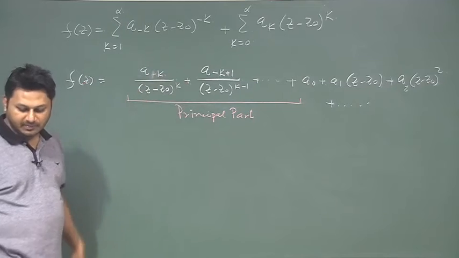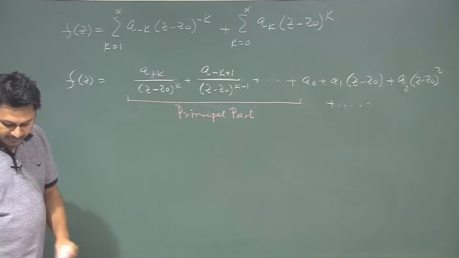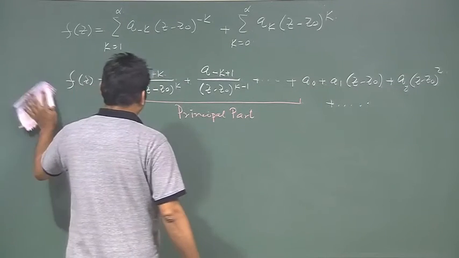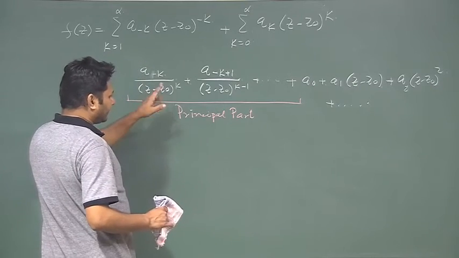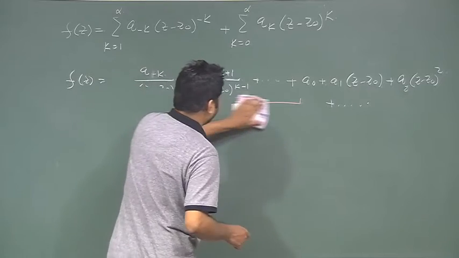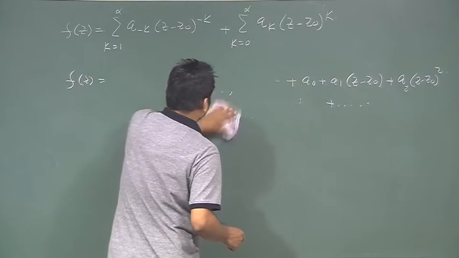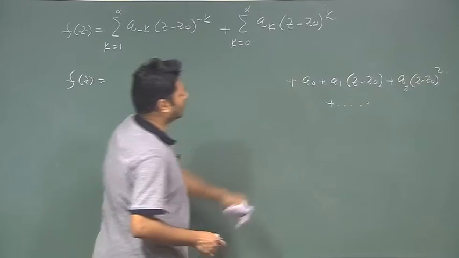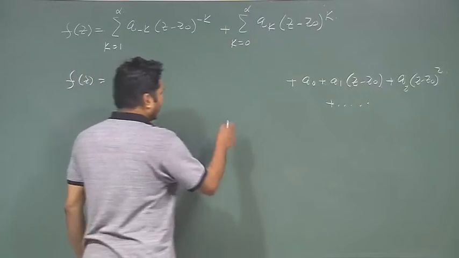Now let me simplify; this is a general form. Let me say this principal part has only one term. If this principal part has only one term, then k is equal to 1 only.